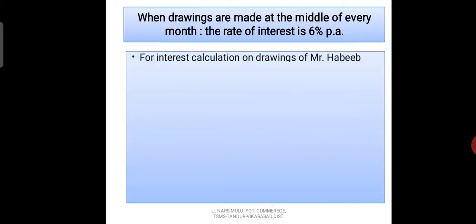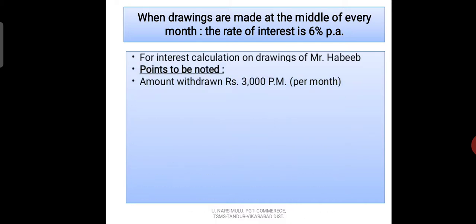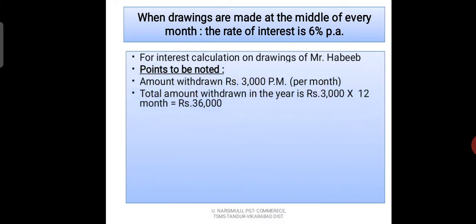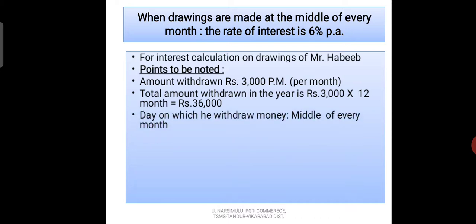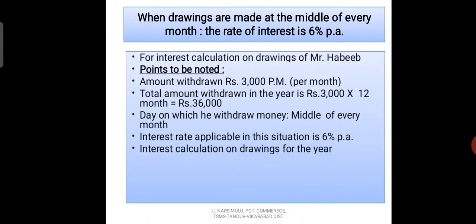In the same way as just before, we calculate. Points to be noted. Every month this partner withdraws money from the partnership firm, 3,000 rupees per month. So for the year, 12 months, 36,000, and the interest rate is 6%.